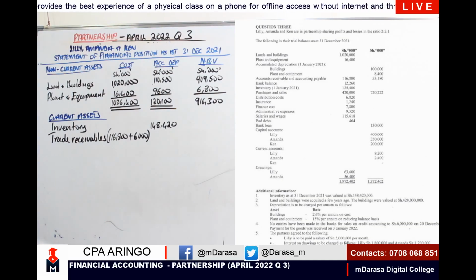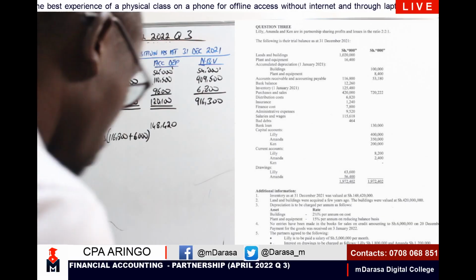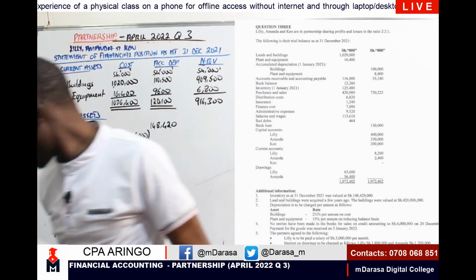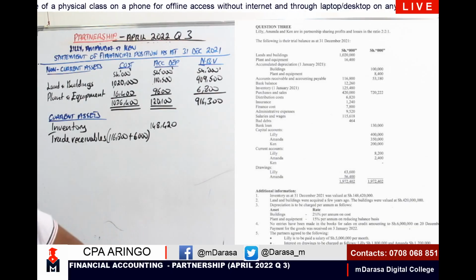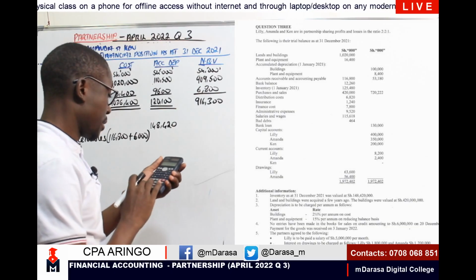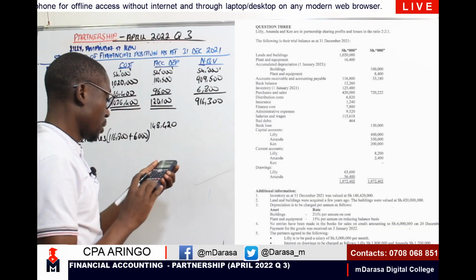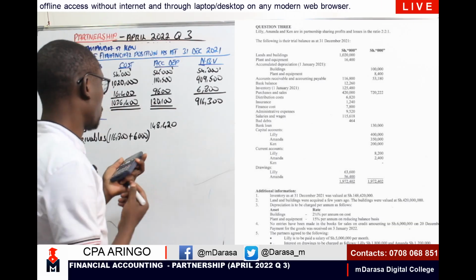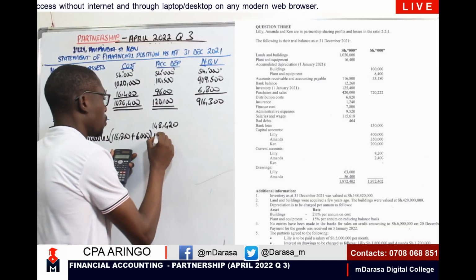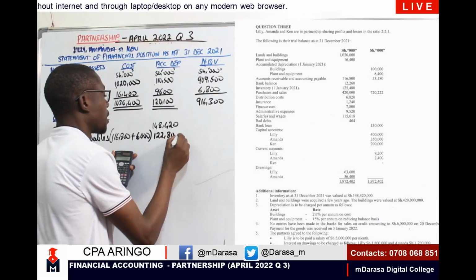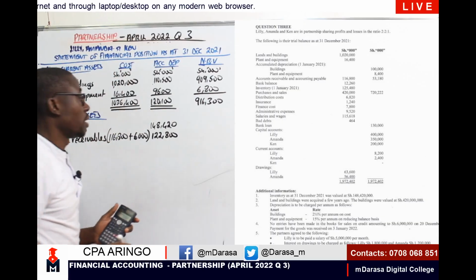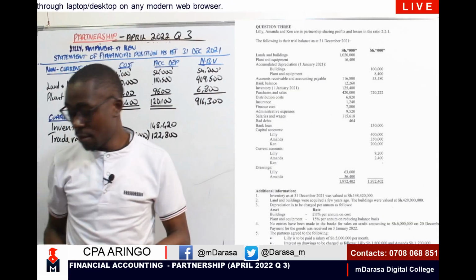So I'm going to have a figure of how much? 116,800 plus 6,000 to give me a figure of 122,800.